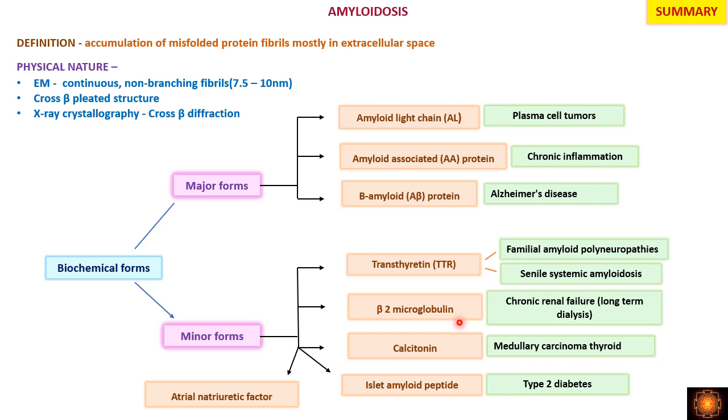The precursor molecule for this is the MHC class 1 molecule. And calcitonin, which is produced in medullary carcinoma thyroid by tumor cells. Islet amyloid peptide is seen in type 2 diabetes. And atrial natriuretic factor, we see the deposition in the atria. So these are the minor forms and these are the major forms.